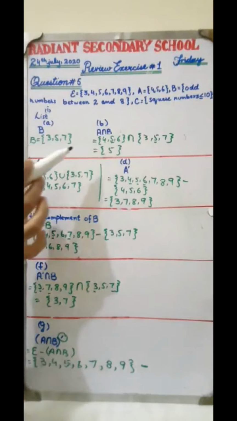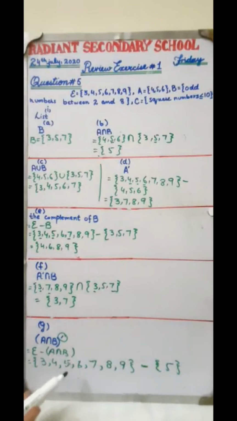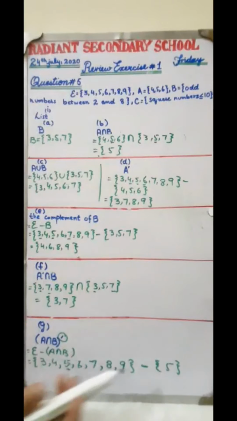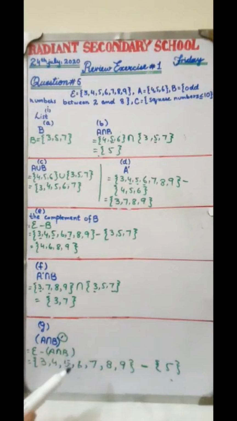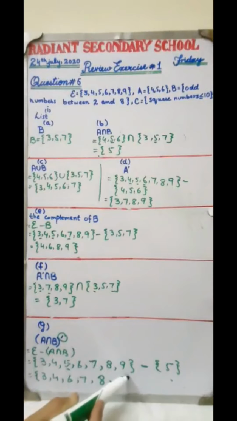So minus 5. When we subtract, this 5 will be cut from this set, and the remaining elements from the first set will become 3, 4, 6, 7, 8 and 9. Okay.